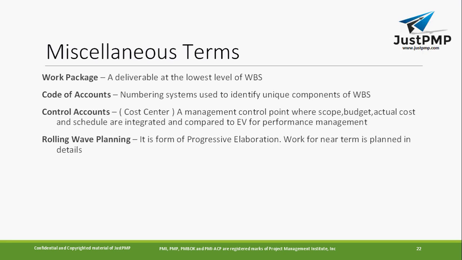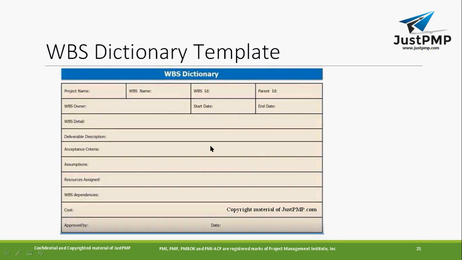Control account is a management control point where the scope, budget, actual cost, and schedule are integrated and compared to the earned value. If it is a very big project, you can assign a control account to each and every WBS element, and you can track how much money has been spent on completing it.